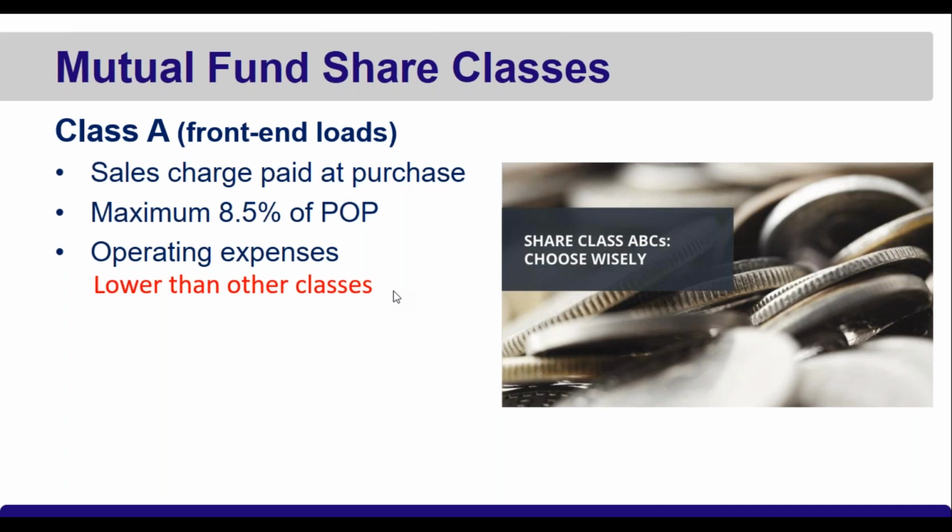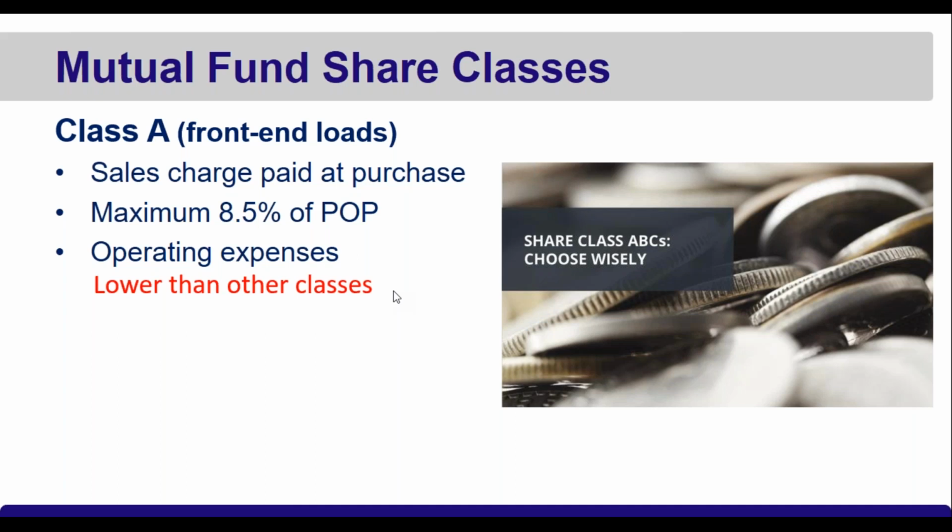So A share, if the customer opts for A share, the sales charge would be deducted upon the purchase going into the fund, and then the remainder is what gets invested into the fund. So an A share is the only one that utilizes the POP.